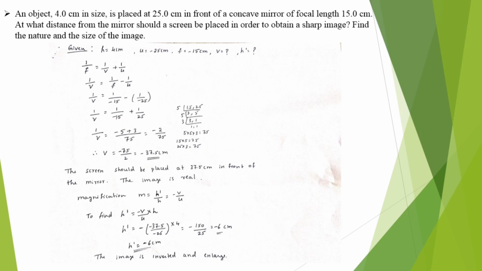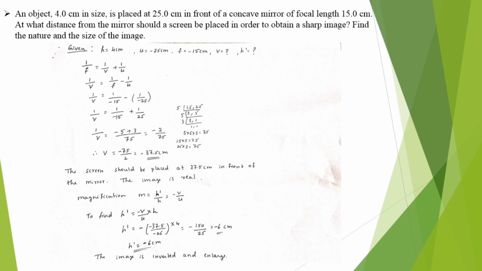Use the formula 1 by f is equal to 1 by v plus 1 by u. So now we want the value of v, so keep the 1 by v as it is, take 1 by u to the other side, it will become negative. So now substitute the value of f and u. So 1 by minus 15 minus of minus 1 by 25, so minus into minus will be plus, so we will get 1 by 15 plus 1 by 25.